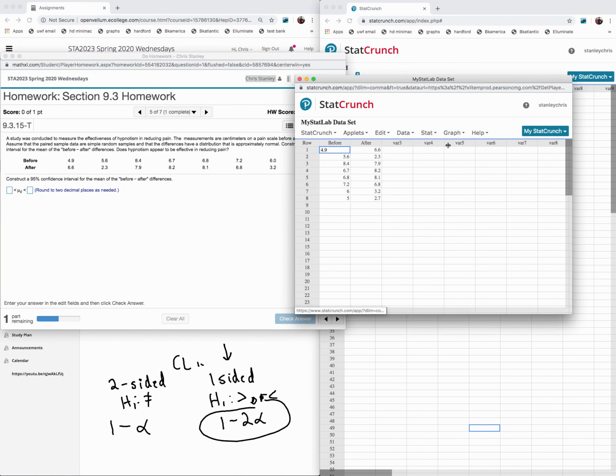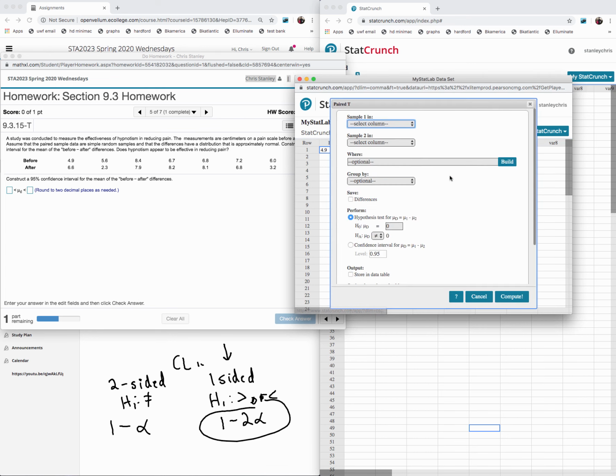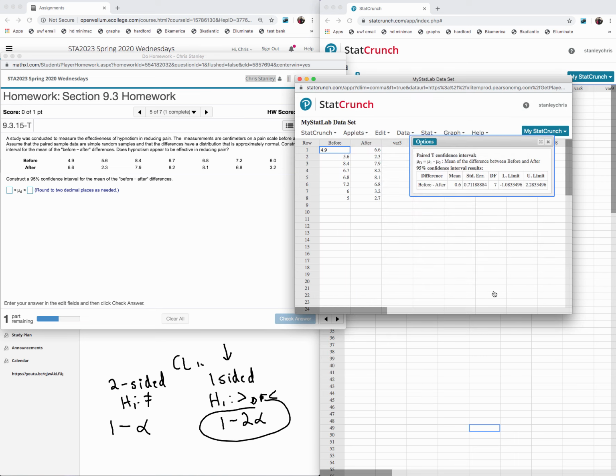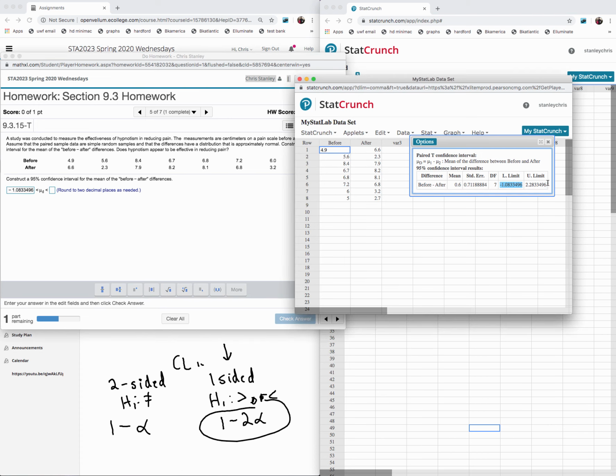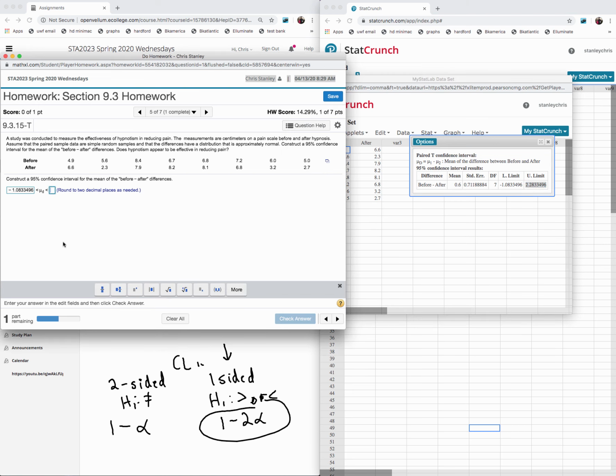So we go stat. This is a t-stat, and it's a paired. Let's do before, second after. We want a confidence interval. Okay, so we need to go 2 decimals.